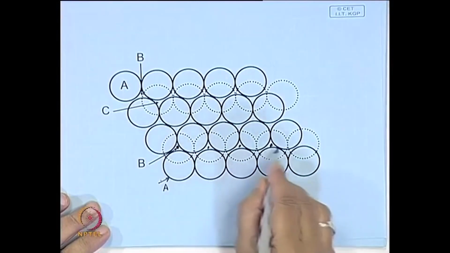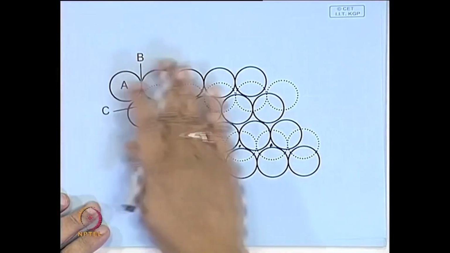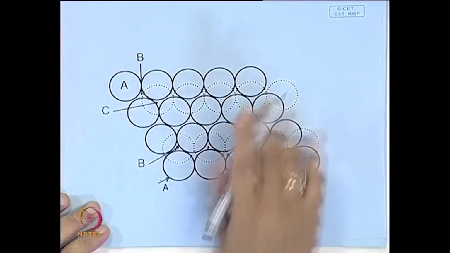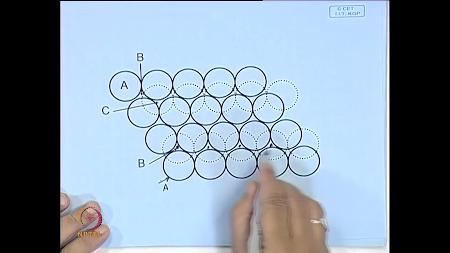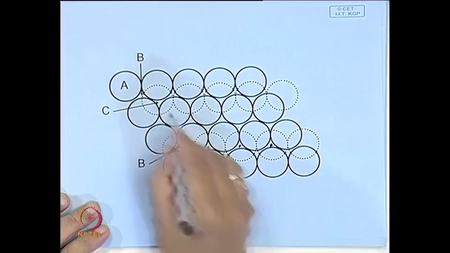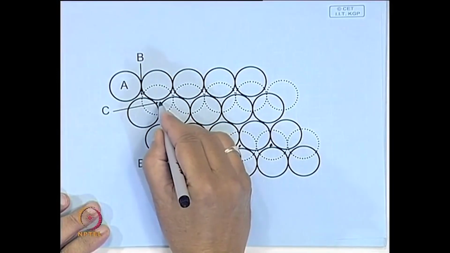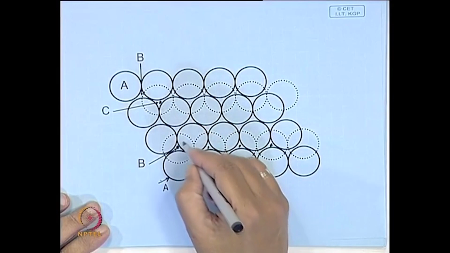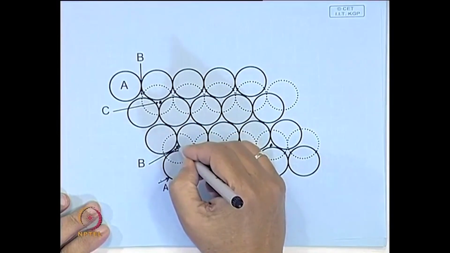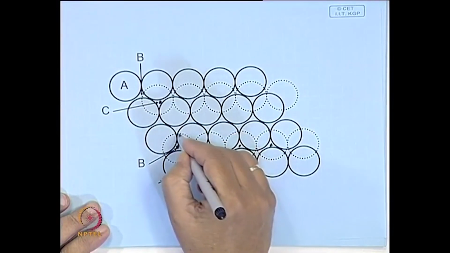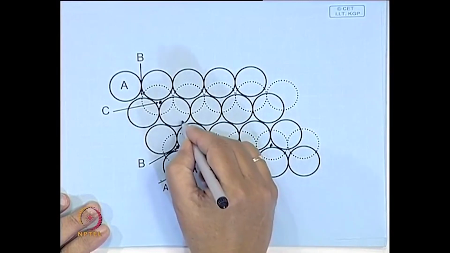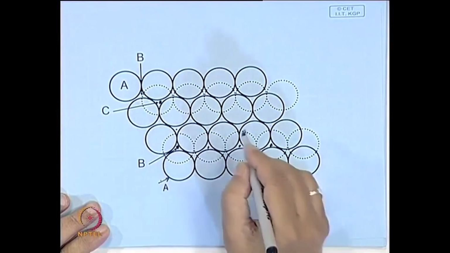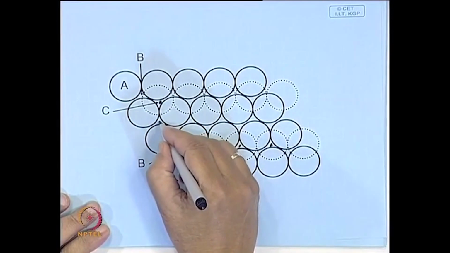and if you have a situation like this, in the next layer part of that layer is occupying the B position and part is occupying the C position. Now, the C position is like this. The next B position here has an atom. Now, you can't keep an atom here, this is C. But you can keep an atom here.